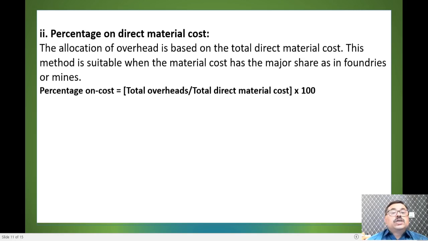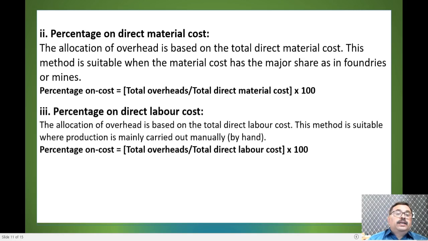This method is suitable when the material cost has a major share, like foundry industries, mine industries, water resource industries, all these where the raw material plays an important role. Then we calculate percentage on the direct material cost.